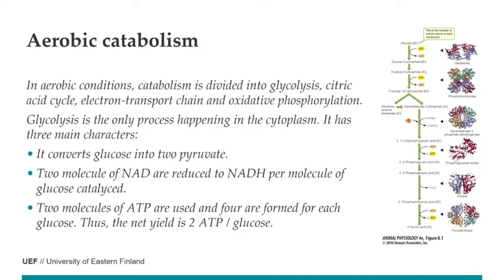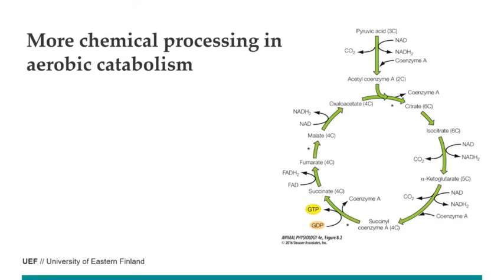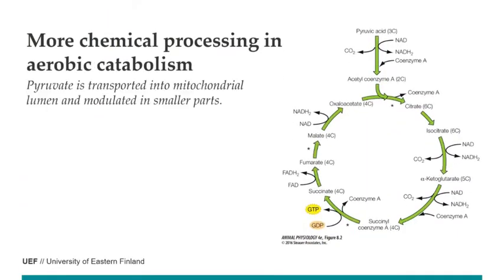If we have oxygen available, then the rest of this catabolism happens in the mitochondria. The pyruvate is transported into the mitochondria and broken into smaller parts. This happens by the citric acid cycle, citrate cycle, Krebs cycle. It has many names.